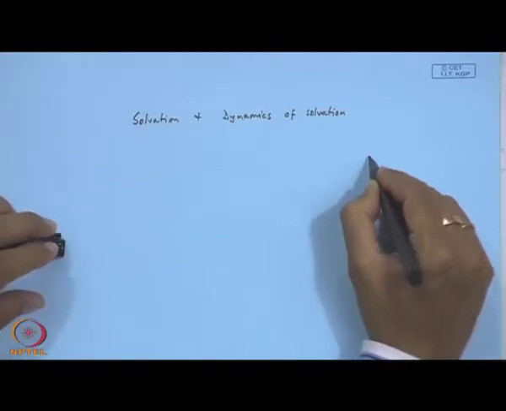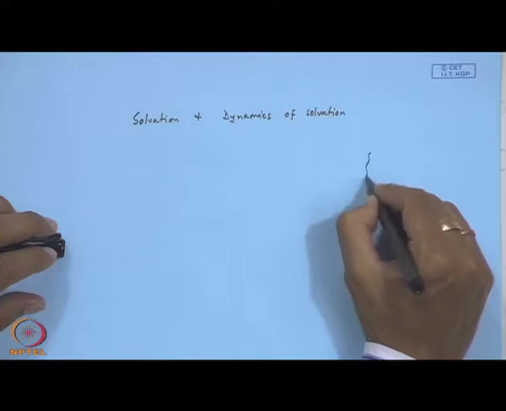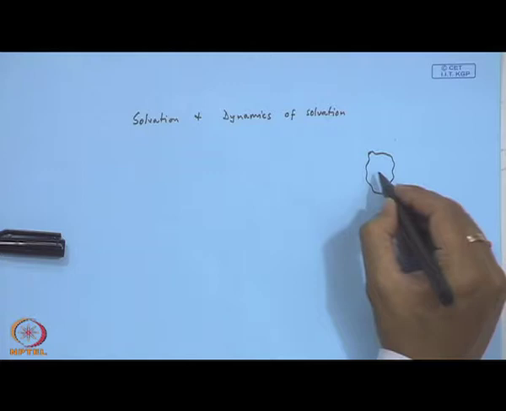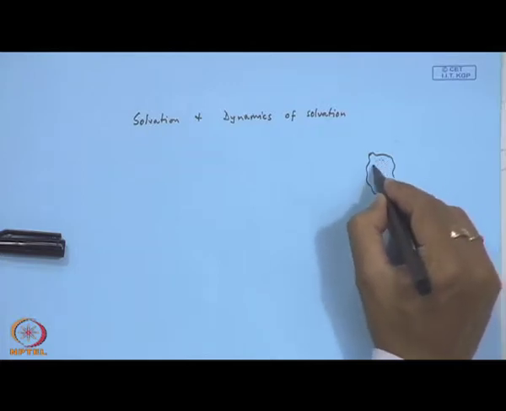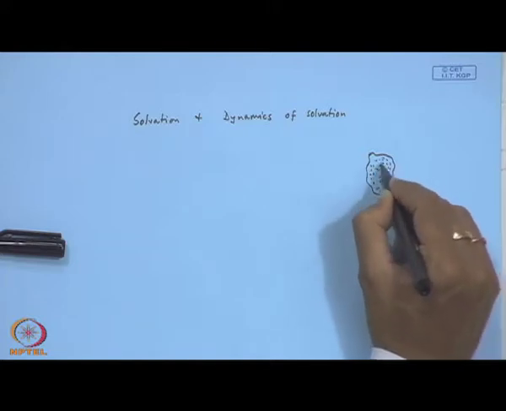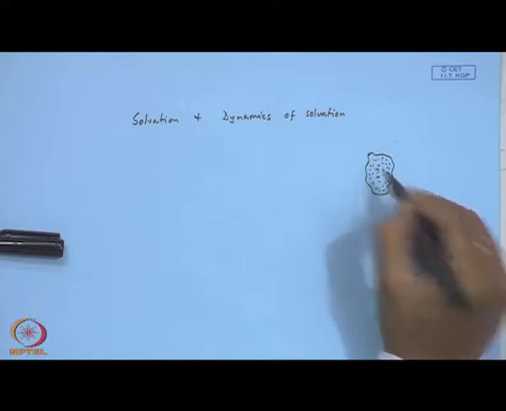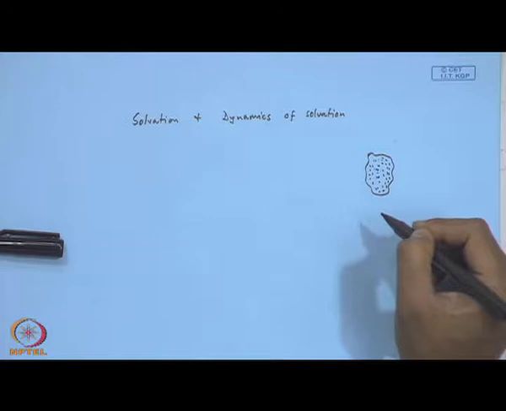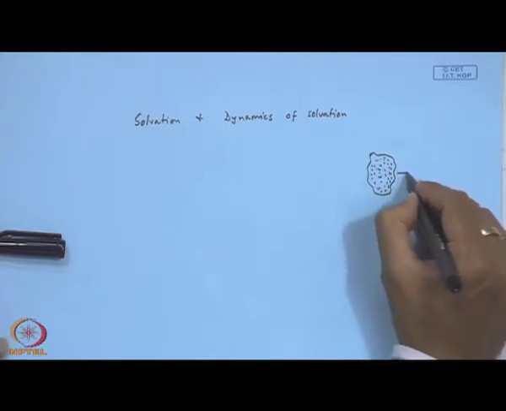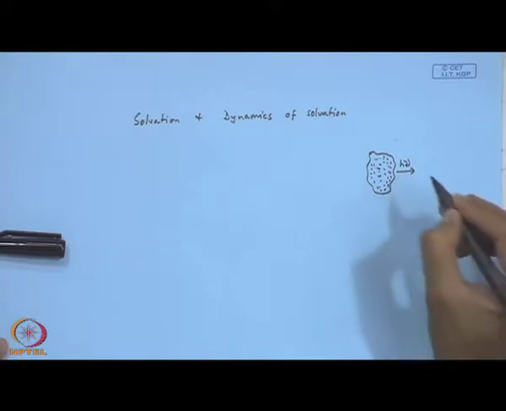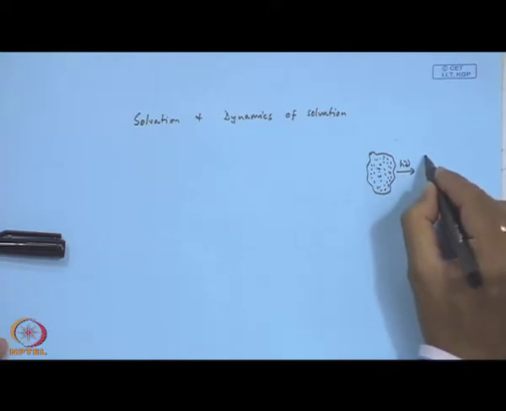So what is that? Suppose you have got a molecule, say something of this sort. I am not drawing exactly the structure of the molecule. In the ground state, suppose the electronic structure is such that the electron is distributed all over the molecule. So the molecular orbital is like this. Now you excite this with the appropriate frequency. What is happening?